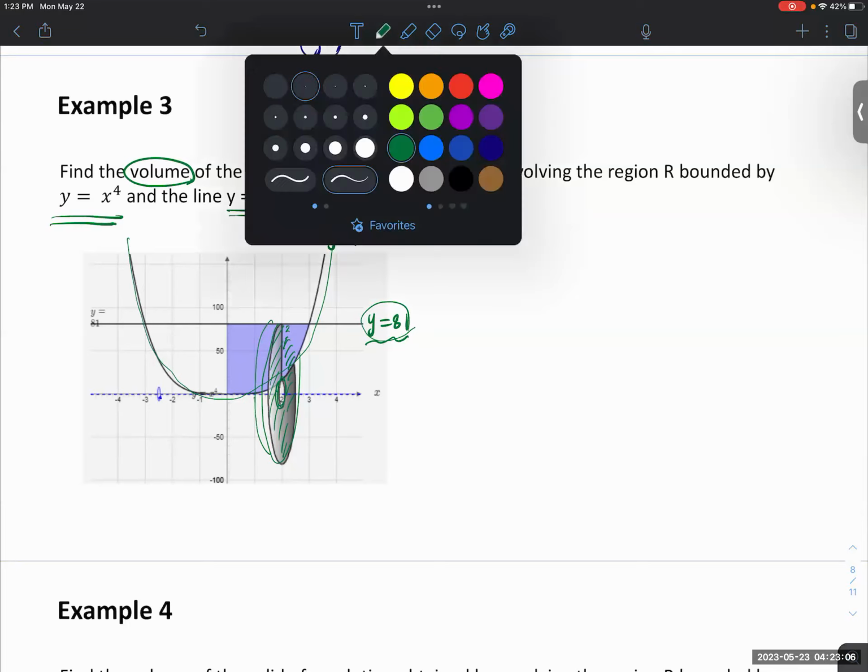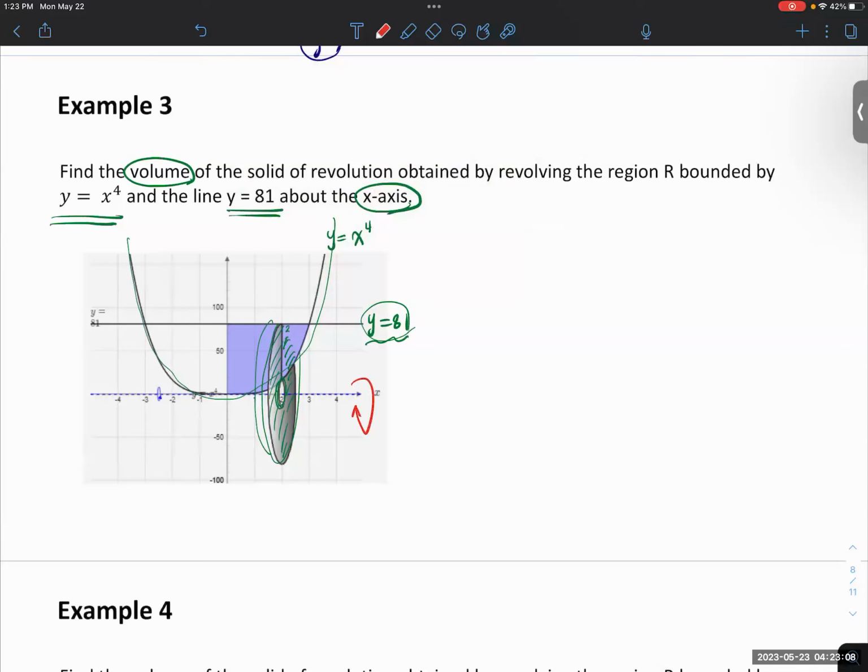So when you rotate about the x-axis, which function is higher? When you look at that, y equal to 81 is always higher than the quadratic one, correct? Therefore, I believe this is going to be the f of x.